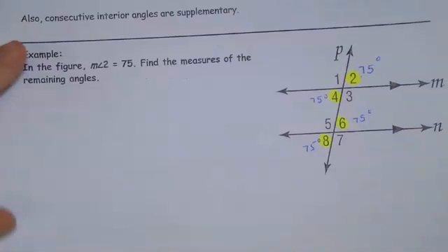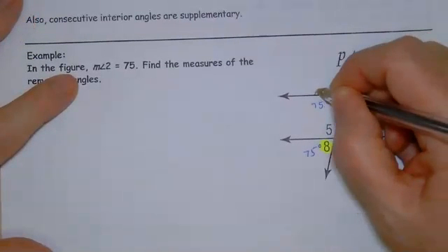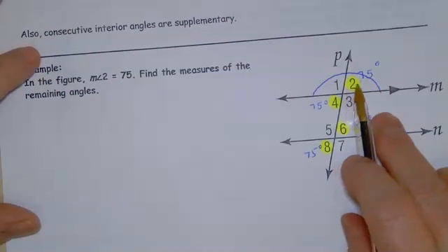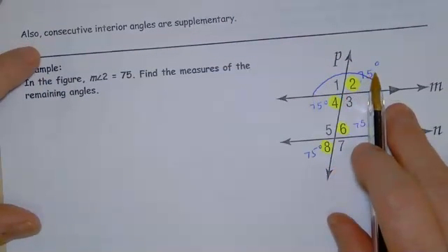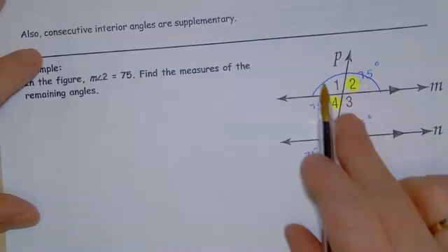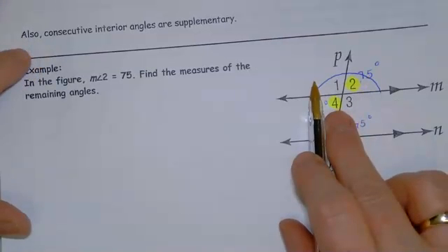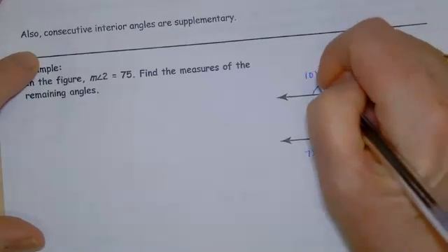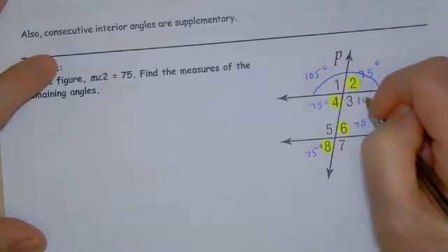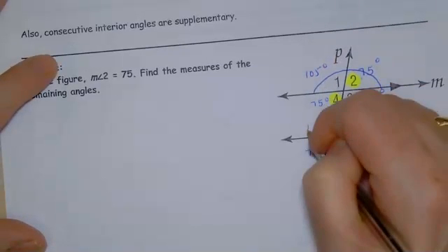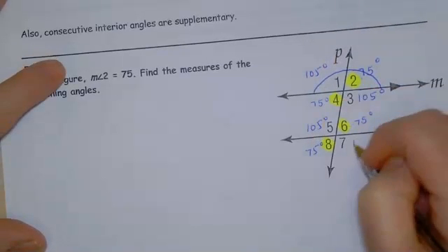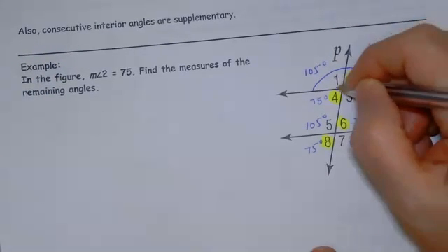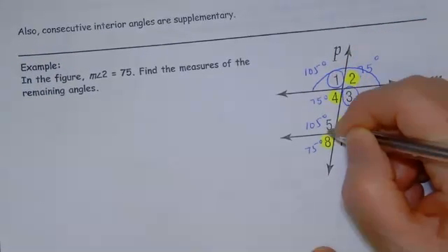Now, the other thing we know is that since this is 180, then 180 minus 75 tells us the number of degrees for this angle. So 180 minus 75, that makes this a 105. And all the rest of those that match are also 105.